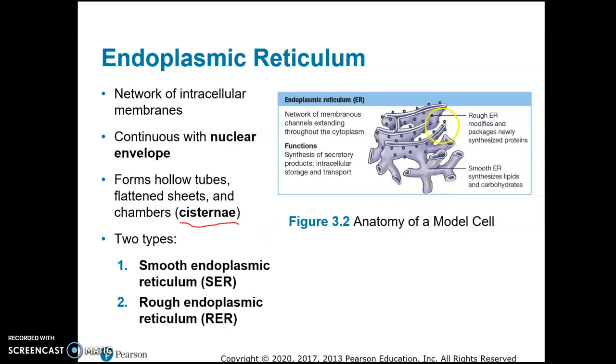And you can see in the picture, the rough ER is closest to the nucleus, and it contains ribosomes, and the smooth ER does not. Since the rough ER contains ribosomes, it is more involved in modifying and packaging newly synthesized proteins, and the smooth ER is more involved in synthesizing lipids and carbohydrates.